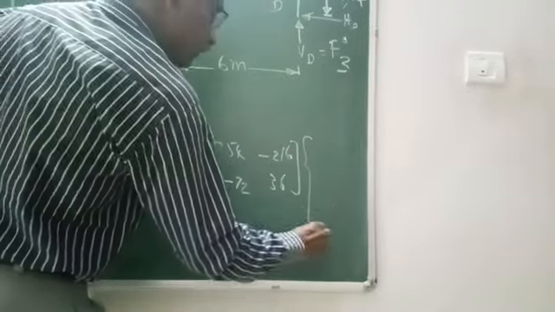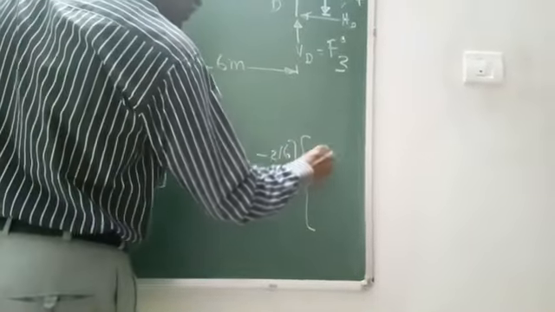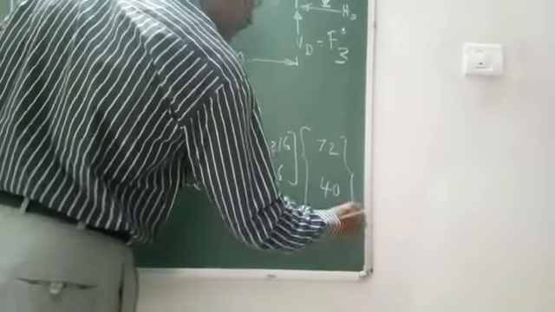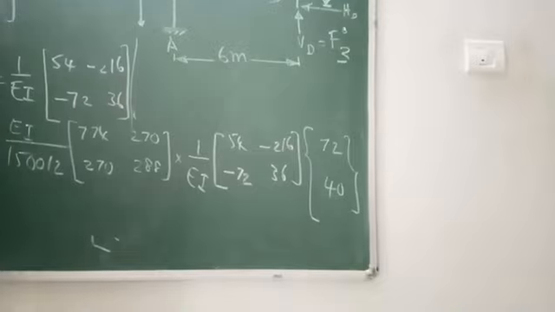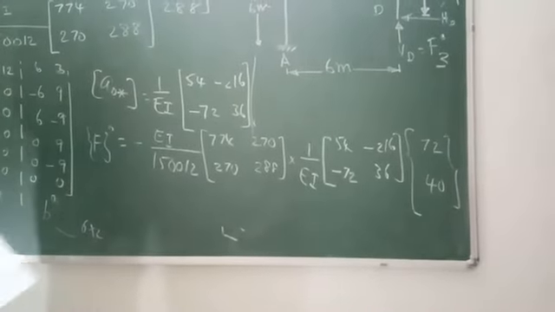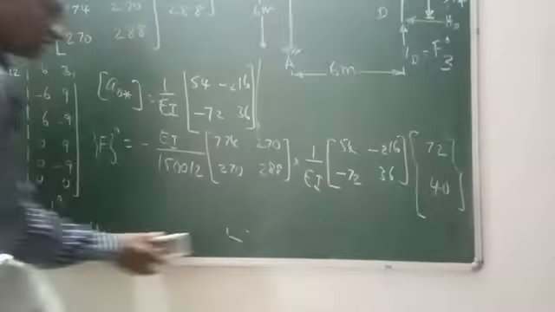F star, one value is 72, the other value is 40, as we discussed a little earlier. So this will be the redundant forces.